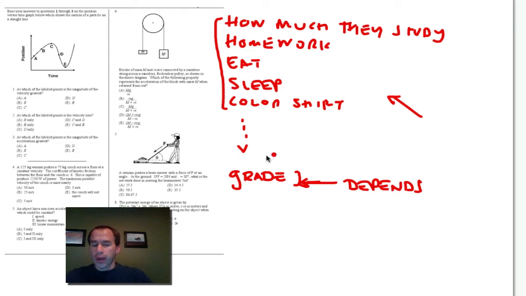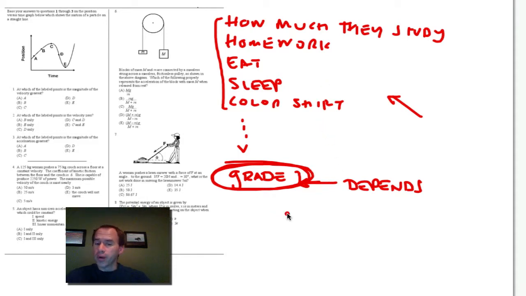If we were going to do a lab and we wanted to know how to help people get the best grade possible, we could say, well, let's let some people study some, and other people do some homework, and other people eat a big breakfast, and other people sleep certain amounts, and then we'll have them come in and take a test and see how they do.